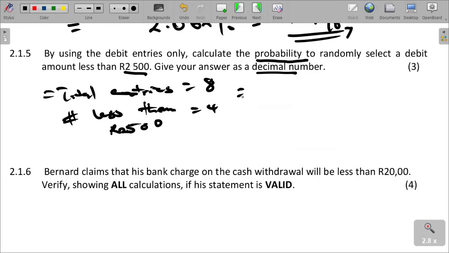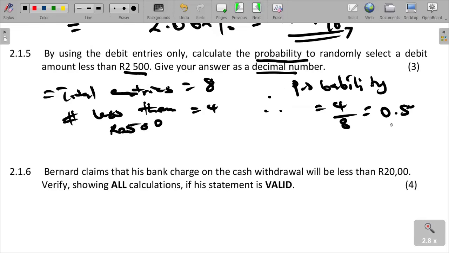So the probability is equal to 4 over 8, but it's saying give your answer as a decimal fraction, which is 0.5. I'm sure you know that 4 over 8 is half. Half is 0.5.